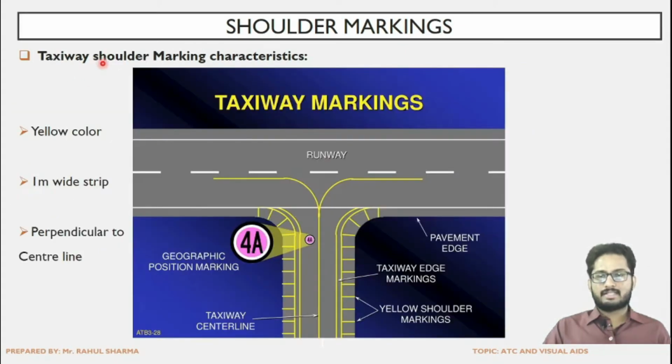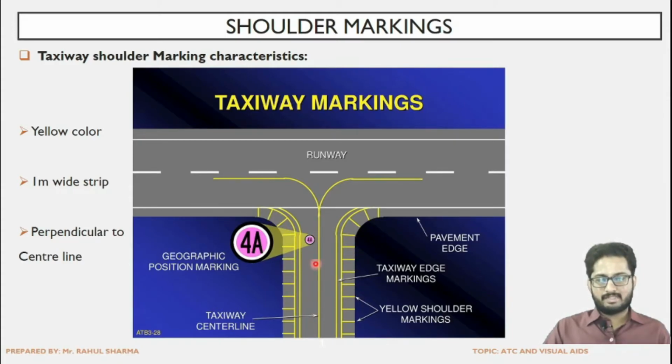Next are the taxiway shoulder markings. So yellow color, as we have known that the color code in the runway markings is white, and for the taxiway it is yellow, and again they are of 1 meter width, that is the strips are of 1 meter width and perpendicular to the center line. So as we can see that the shoulder markings are perpendicular to the center line of the taxiway.